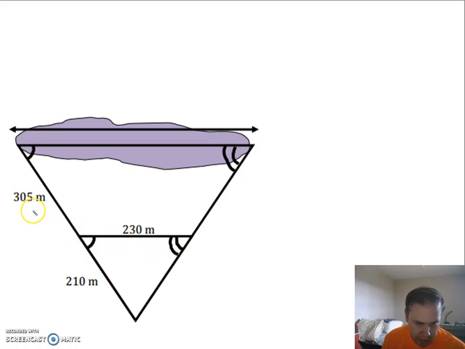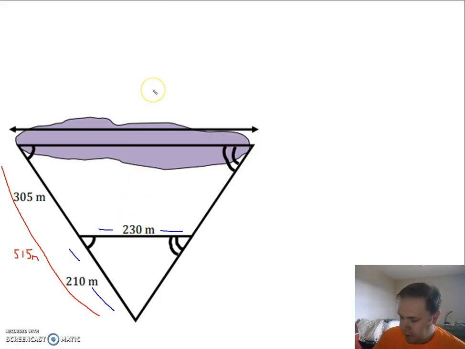Well, I have this side length here for the small original triangle, and I have this side length here. Well, let's see if I have something with the bigger triangle. I actually do. I have this full side because I have both measurements. 305 and 210 together would be 515 meters, of course.